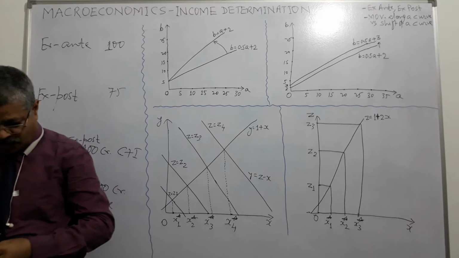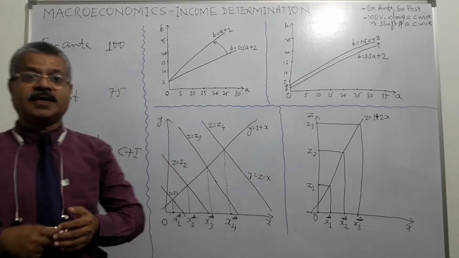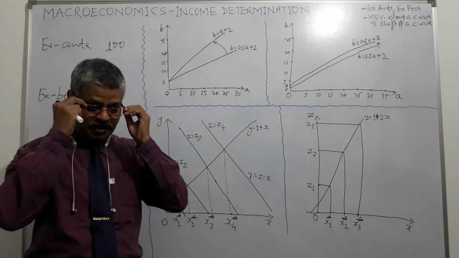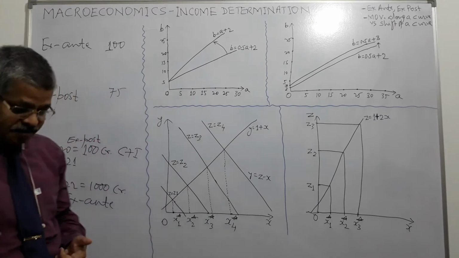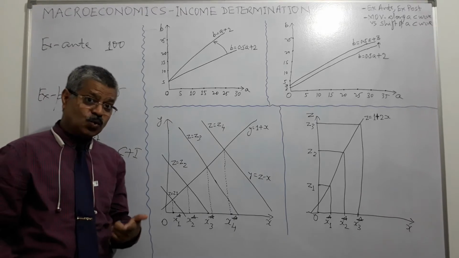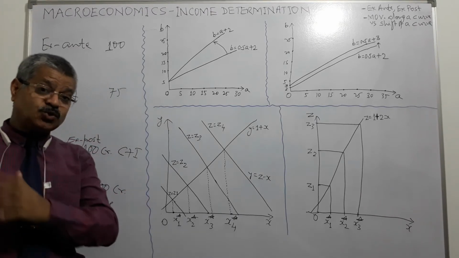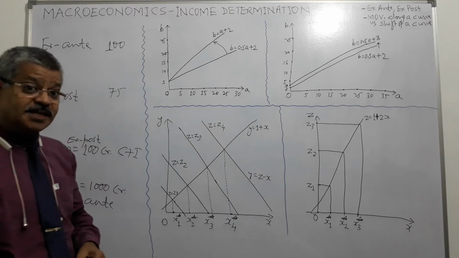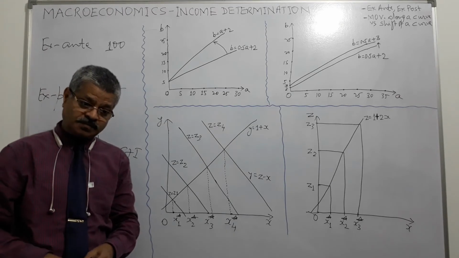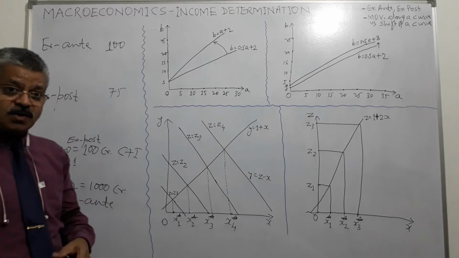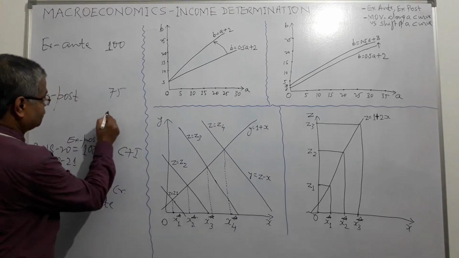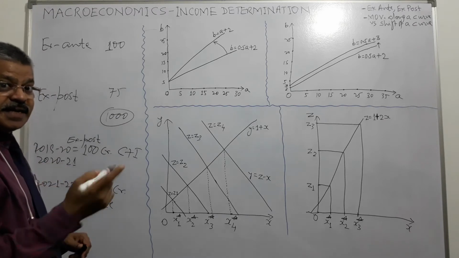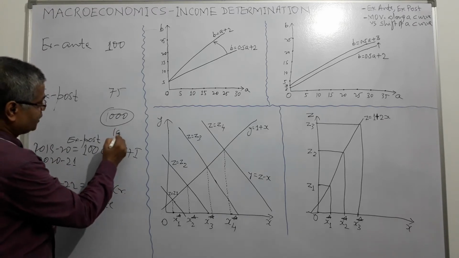Right? In the economy, people are more interested in knowing what the plans for investment are, what the plans for consumption are. That way, people come to know what is going to happen to the economy, what is going to happen to the GDP, gross domestic product. Suppose in the Indian economy there are 1000 firms, and all of them decide this year that next year they will invest 10,000 crores.